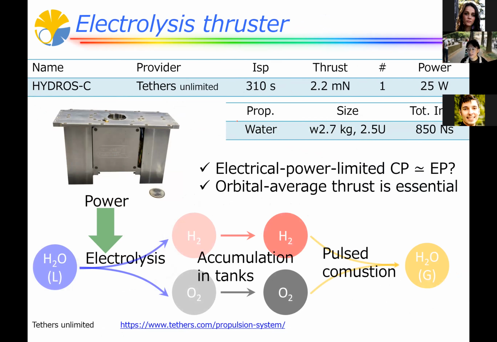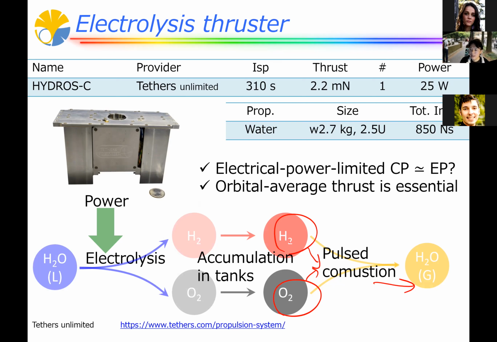Actually, when you focus on its acceleration phase, this is a bipropellant thruster. So it uses hydrogen and oxygen, and they combust those two gases, generate hot gas, and exhaust it to the outside by using the nozzle. So this is a chemical propulsion acceleration process and bipropellant.